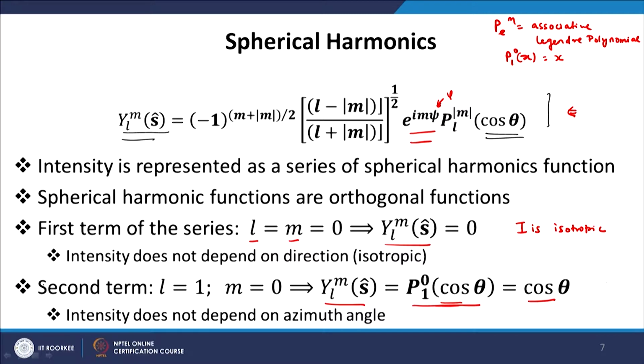So, the second term depends on cos theta, and if we plot the variation of this term versus theta, the shape will look like that of a p orbital, like this. What it basically says is that the intensity variation follows a distribution of cos theta, and it does not depend on the azimuthal angle.